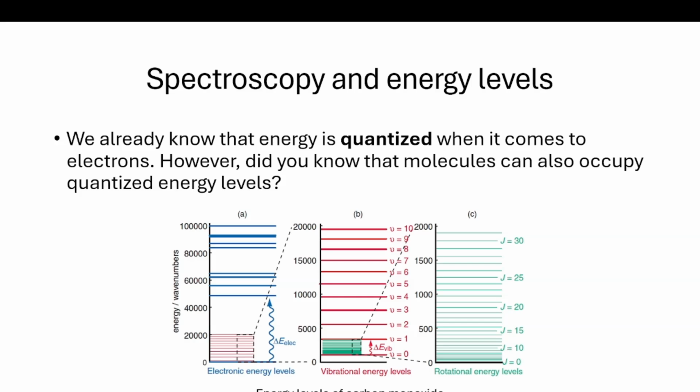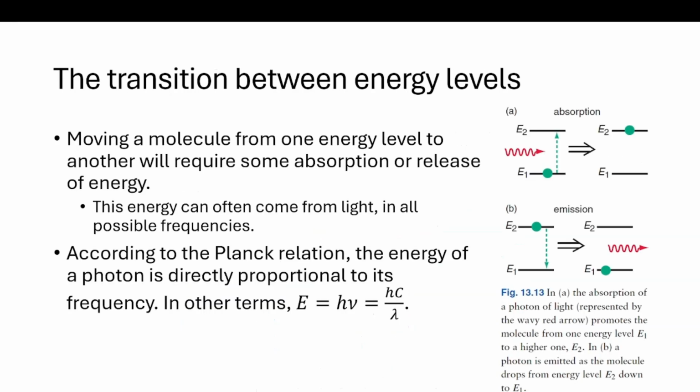We can see in this graph that there are discrete vibrational energy levels, electronic energy levels, and rotational energy levels. And this is going to lead us into our next topic about how exactly a molecule can transition between these discrete levels.